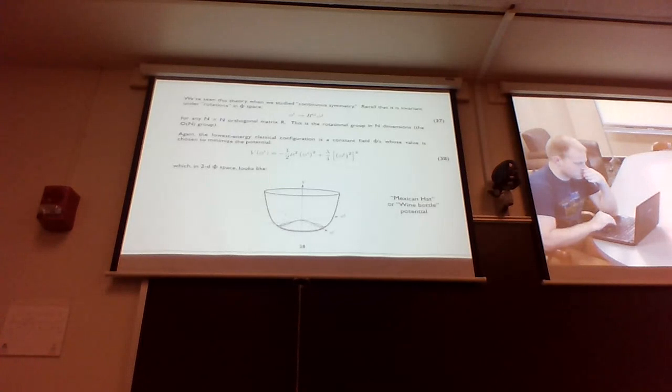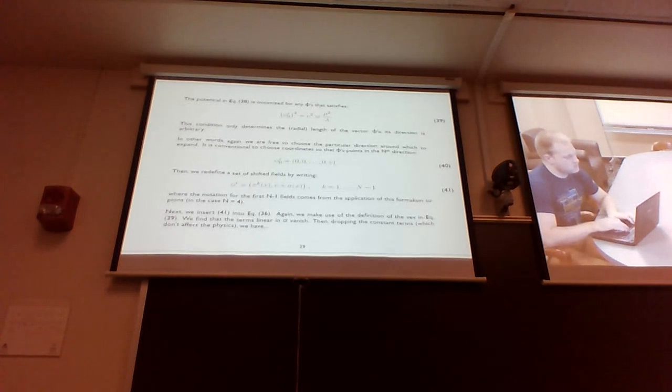But there's a lot of different choices, right? Here in this case, we could expand along phi 1 or phi 2, or in n-dimensional space, you could pick the nth direction to expand in. But the result is the same, right?